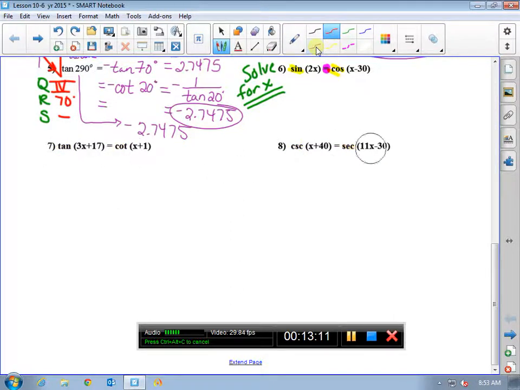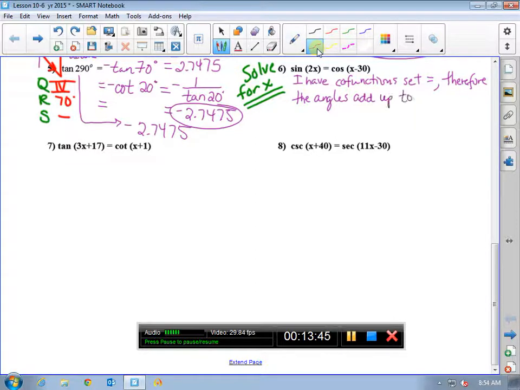When we have cofunctions set equal, let me write this actually: I have cofunctions set equal, therefore their angles add up to 90 degrees.